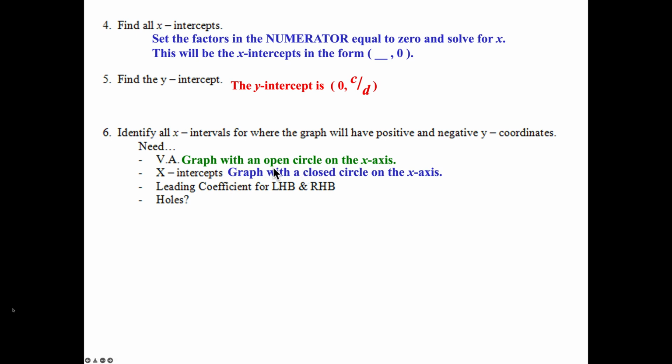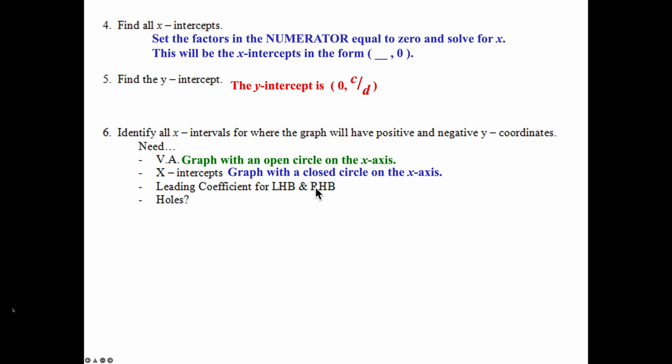Once I have these open and closed circles, this is where we're going to go back in time and grab a concept from our leading coefficient, left and right hand behavior. Remember we said that the right hand behavior, no matter what the power is, whether it's even or odd, is determined by the sign of the leading term.